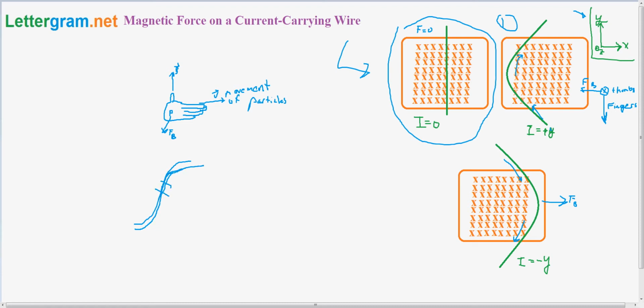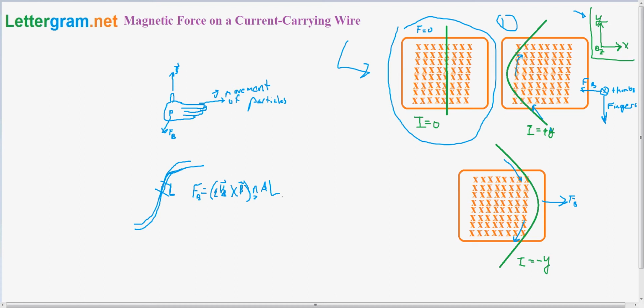If we cut this off and say here's a segment, I'm going to call this segment L. The force on that particular segment is equal to VD, which is the drift velocity, which we talked about in a previous video, cross product of the current times NA, which is the area of the wire, the number of electrons, excuse me, in a wire, and the length of the wire.